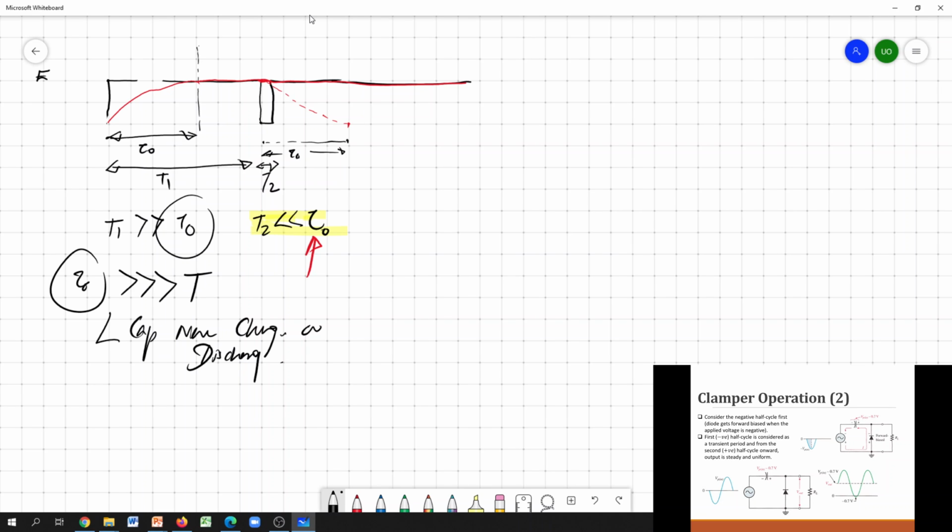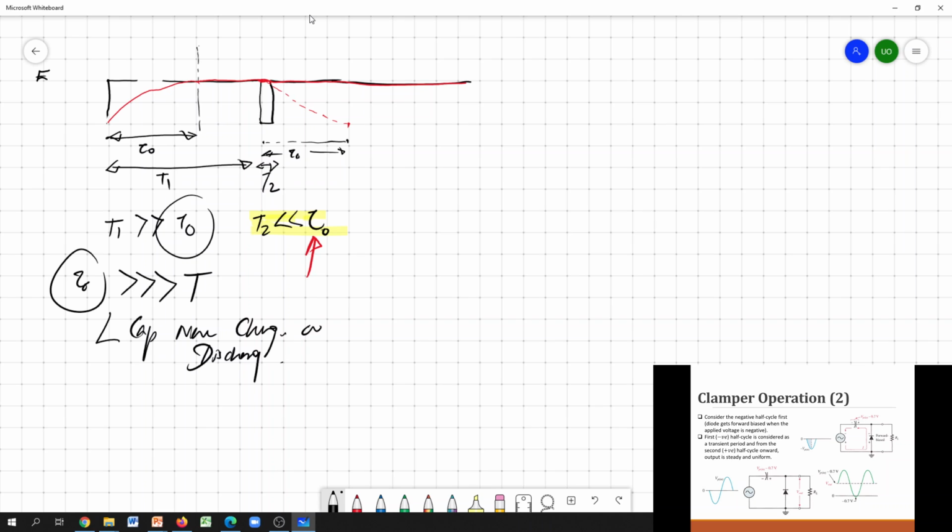So this is the simple concept we use to explain clampers. If you are not giving reasonably adequate time to charge or discharge the capacitor, then that time is not enough to charge or discharge.